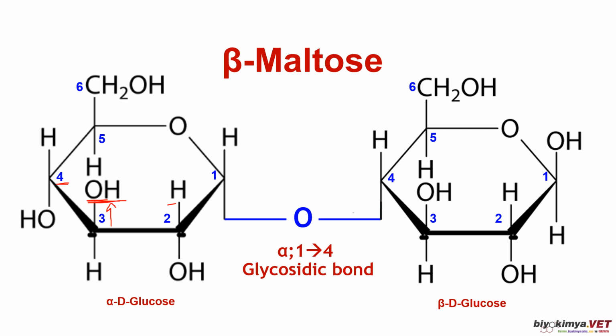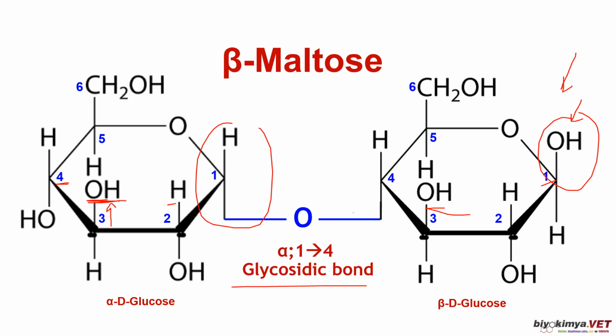This means they are in the right direction in the Fischer projection. This is glucose, and also this is glucose. This is the first, a hemiacetal structure here, but this is a full acetal structure. But when we look at the molecule in total, due to the free hydroxyl group, it has a reducing feature. Alpha 1,4, and this is beta maltose.